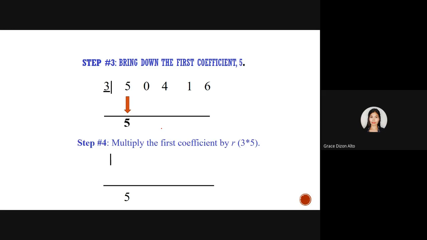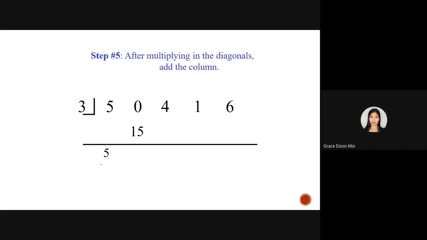After bringing down 5, we multiply it by our a, which is 3. So 3 times 5 is 15. Then the next step is adding 0 and 15, which is 15.